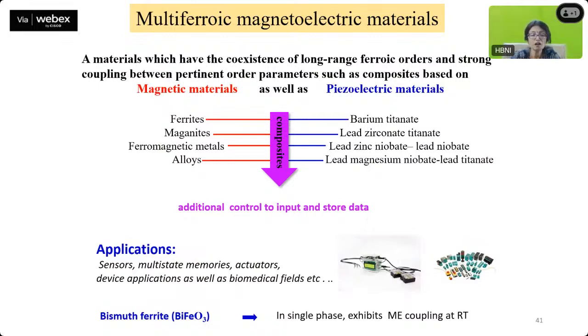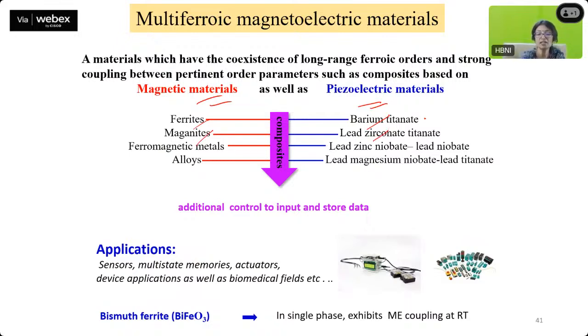We are now talking about multiferroic magnetoelectric materials. These are materials which have the coexistence of long-range ferroic order and strong coupling between the pertinent order parameters, such as composites based on magnetic materials as well as piezoelectric materials. You can have composites of ferrites with barium titanate, or manganites with lead zirconate titanate.